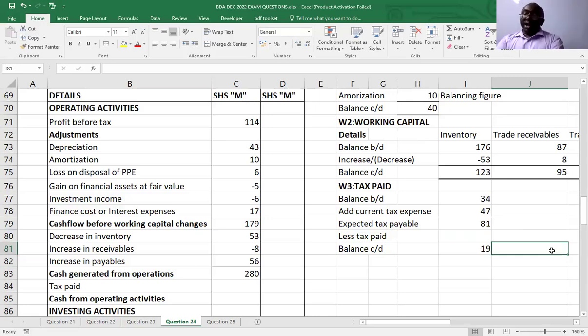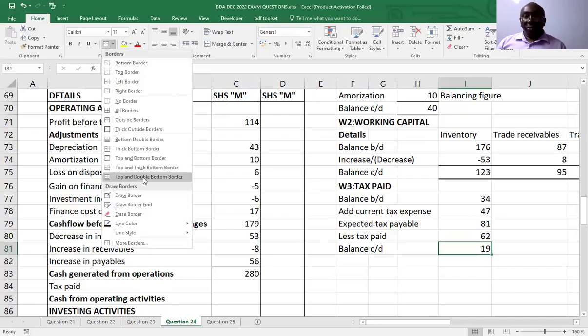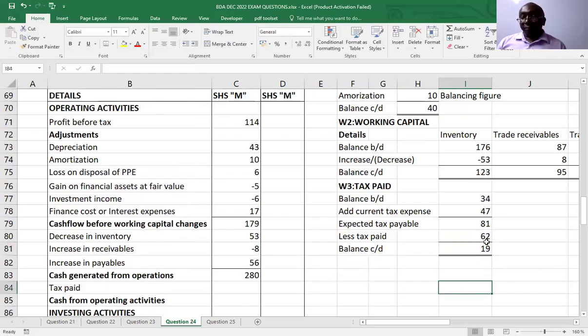But we are ending with 19. So hatukulipa yote. So if we want the tax paid, then it should be equal to this 81, you less this 19. So this 19, we can give it top double bottom. So this is our balancing figure. That must have been what was paid.